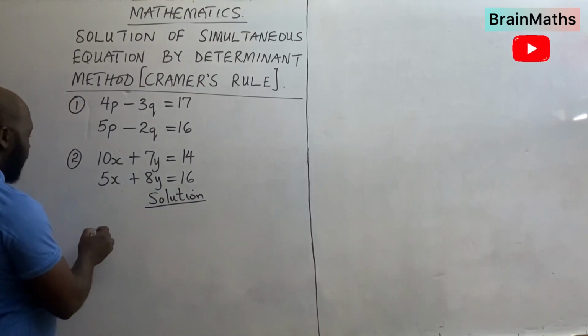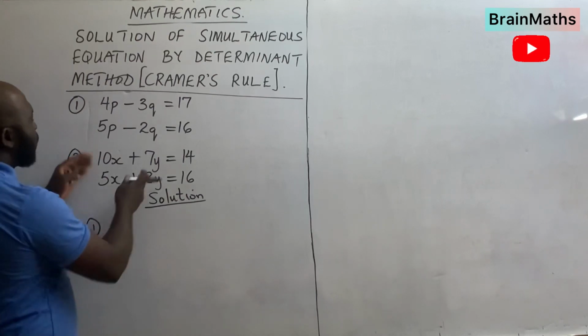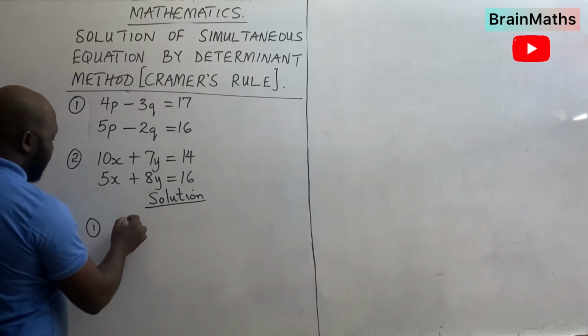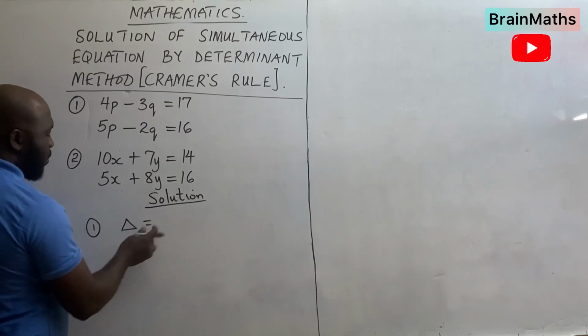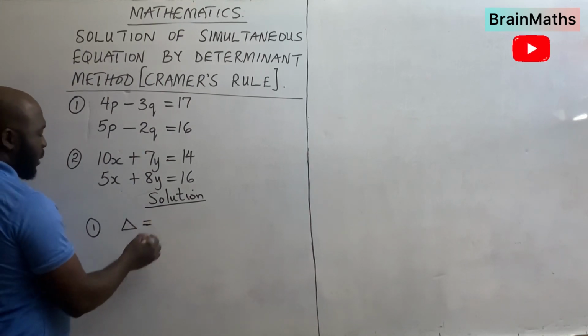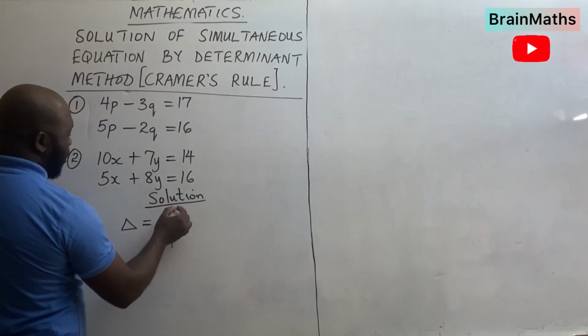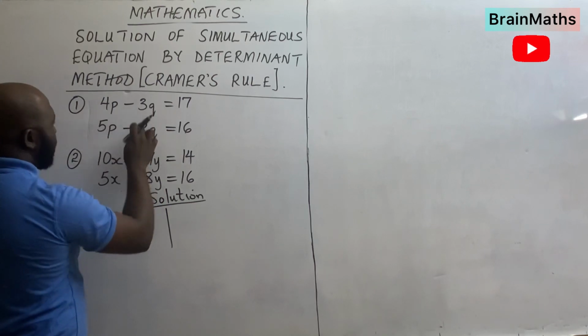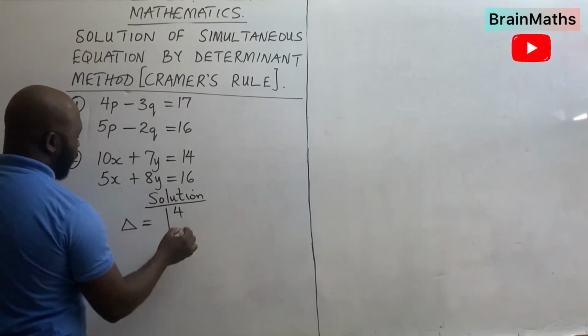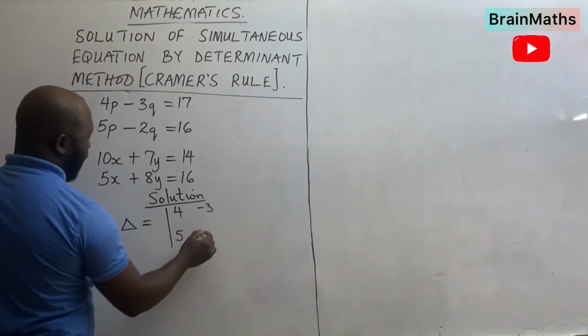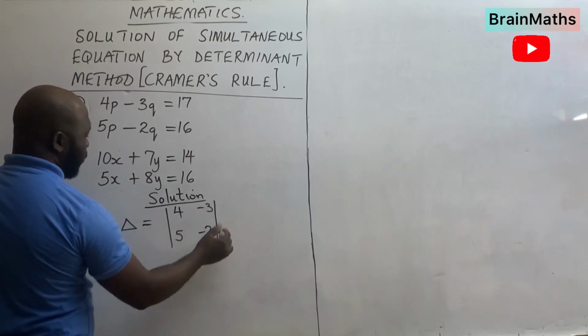So for question number 1, we have to get the determinant of the left hand side. The determinant in this case is represented by this sign. So we have the determinant of the left hand side to be the given numbers: 4, 5, minus 3, and minus 2.